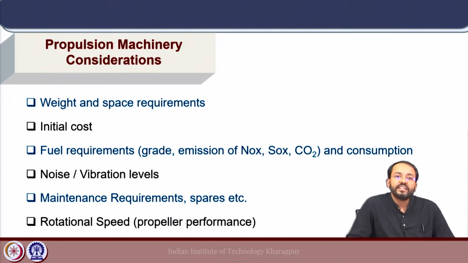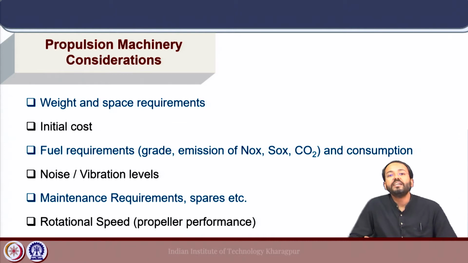There are certain other considerations like the initial cost, which defines the economy of operation for a specific kind of ship, the fuel requirement, the grade of fuel, the emission of greenhouse gases, and consumption of fuel for engine types is important to define the operational perspective of that vessel type. The noise and vibration levels will depend on the type of engine which is chosen. The maintenance requirements, availability of spares, these are also important parameters.